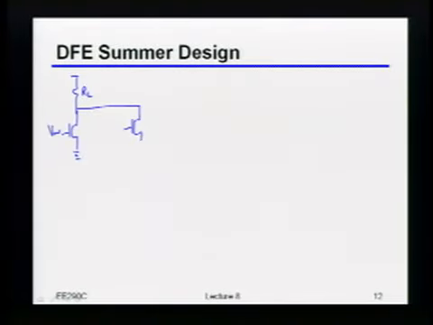As an example, this will be some previous tap data that controls that switch. And then there's going to be some amount of current, which I'm just going to call I tap here, flowing through that output to create the analog summation or subtraction, okay? Does that make sense to everybody?